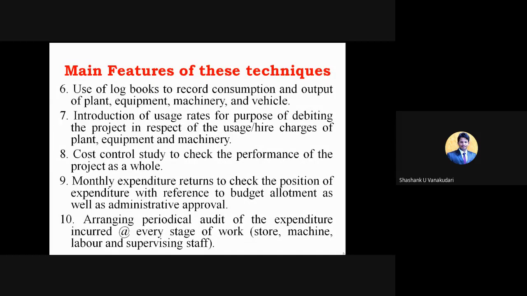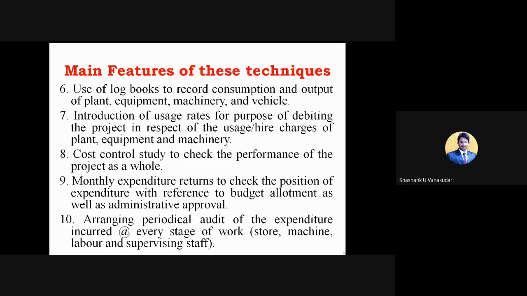Okay, and next, the monthly expenditure returns, to check the position of expenditure with reference to the budget allotment as well as the administrative approval. So in the planning stage, they will be planning in such a way that whatever money we are going to invest for the work, they have divided month wise.